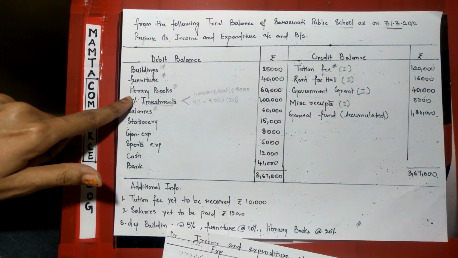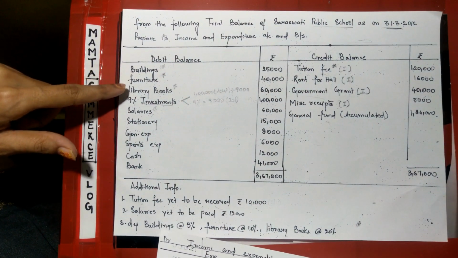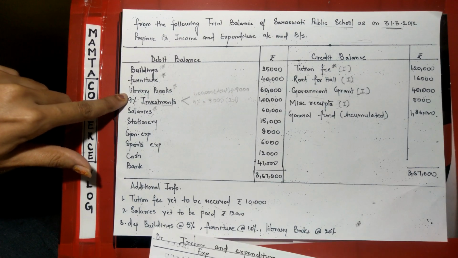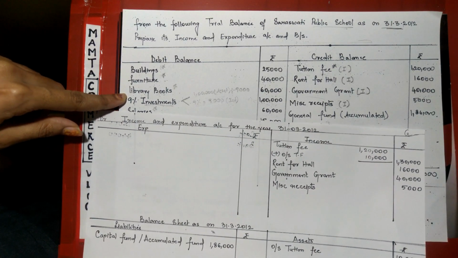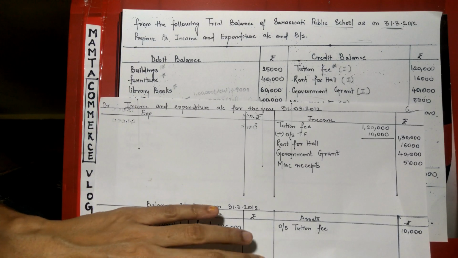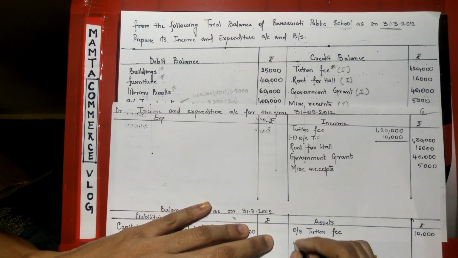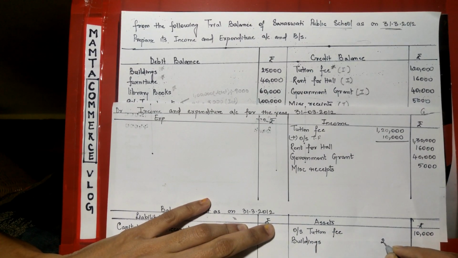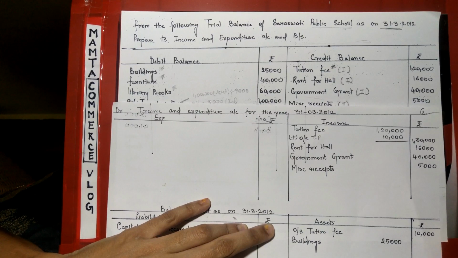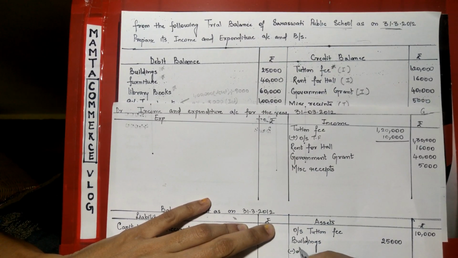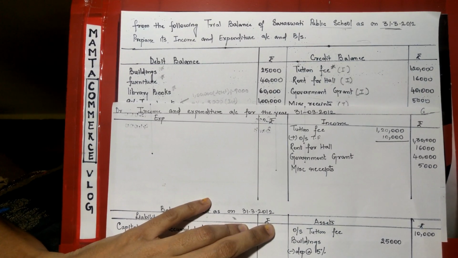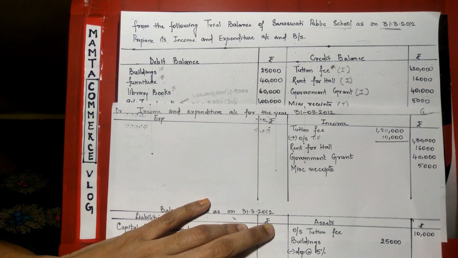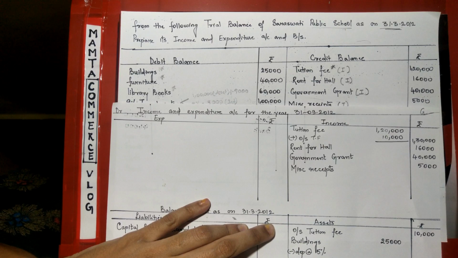Now we will move to the debit balance. We have buildings, furniture and library books, and we have adjustment for this point. So on the asset side I will write building, and the amount of building is 25,000. To this we have depreciation at 5%. It is given in the adjustment that there is a depreciation on building at 5%.